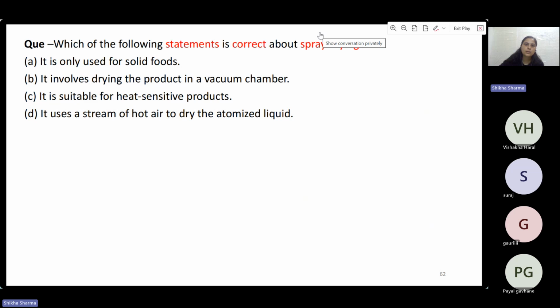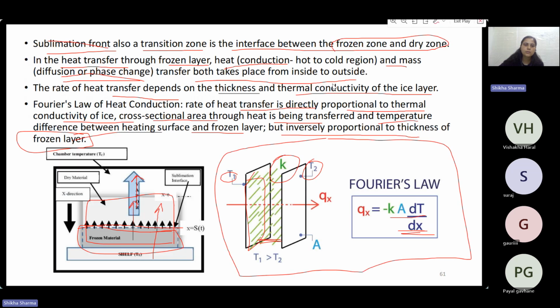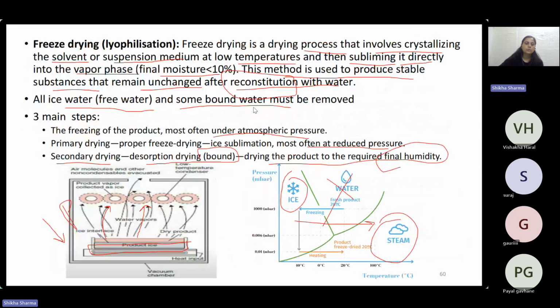So in freeze drying, a high amount of nutrition will be there, and the product is in a more intact form, because there is ice. First the product is cooled, ice is formed, and then directly, because we are applying low pressure here, the boiling point of the water will be low.